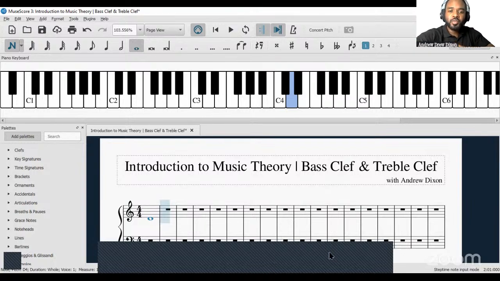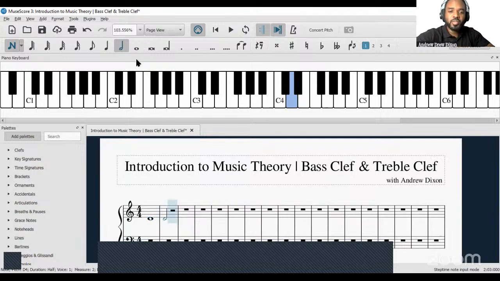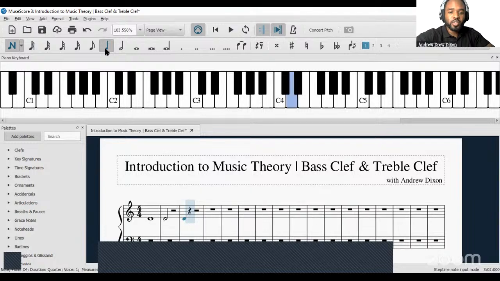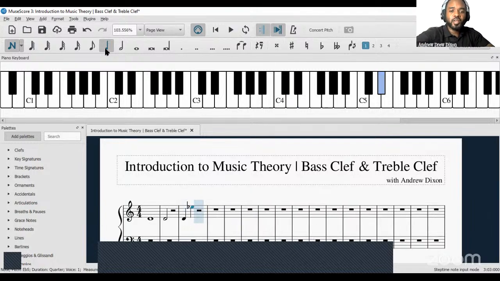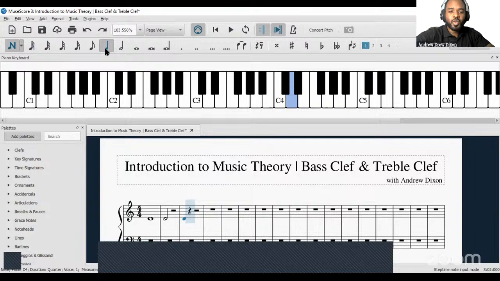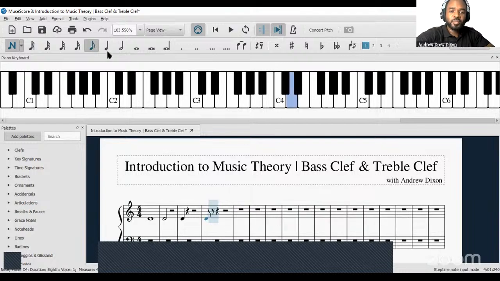We also looked at the half note, and we said that the half note gets 2 counts. We looked at the quarter note, and we said that the quarter note gets 1 count. We looked at the 8th note, which gets half of a count.